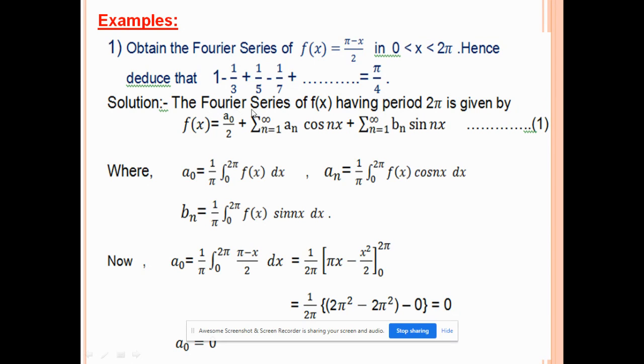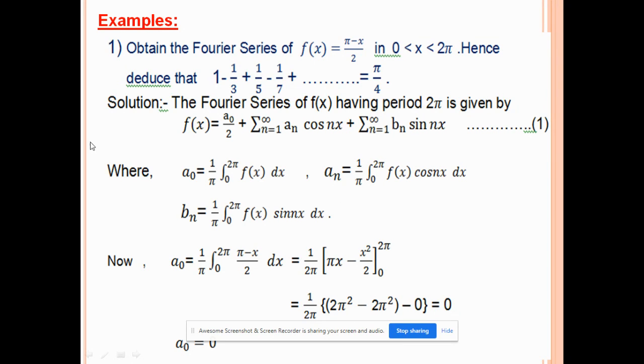Solution. The Fourier series of f of x having period 2 pi is given by, we know that the Fourier series f of x is equal to a naught by 2 plus summation n running from 1 to infinity an cos nx plus summation n running from 1 to infinity bn sin nx, name this as equation 1.